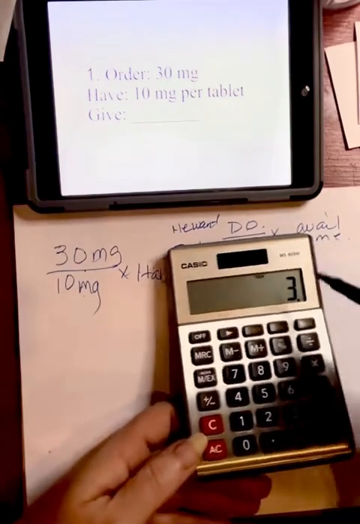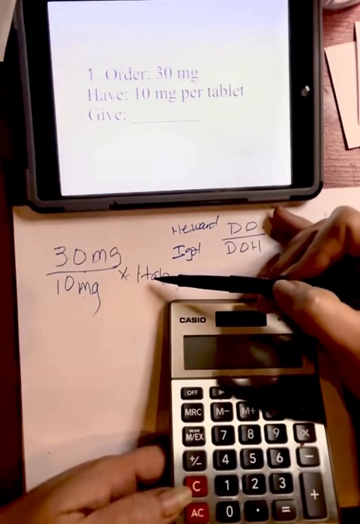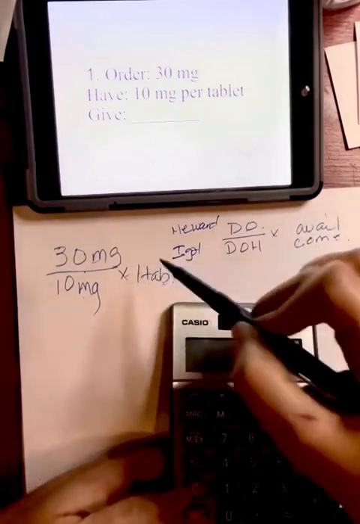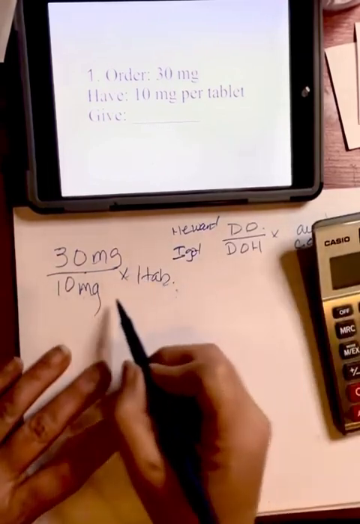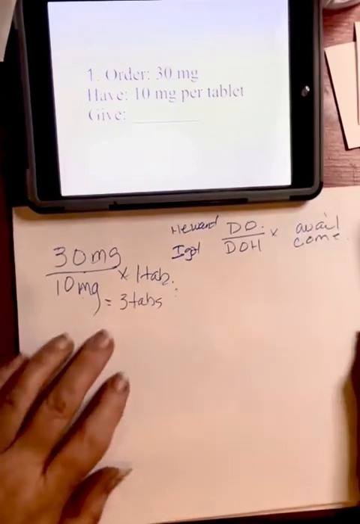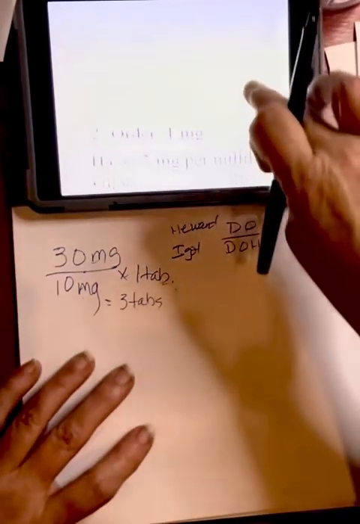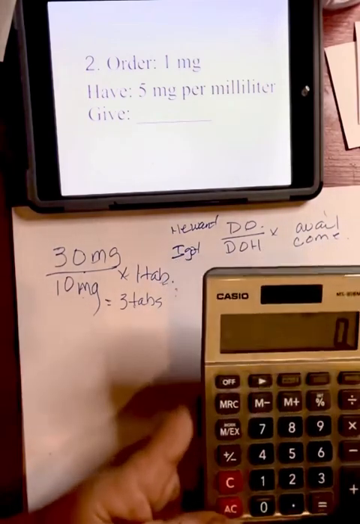So, I mean, if you multiply that times 1, it's still going to be 3. Sometimes it's going to be something different than 1. So, you know, just heads up. So the answer is 3 tabs. And I just realized I didn't go back in and put these answers in, but I think you realize I would not lie to you.